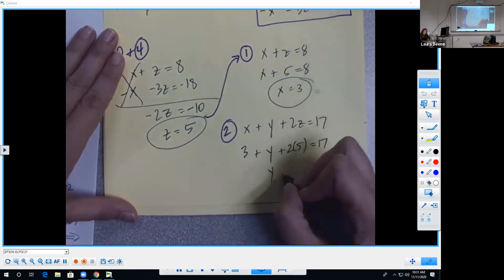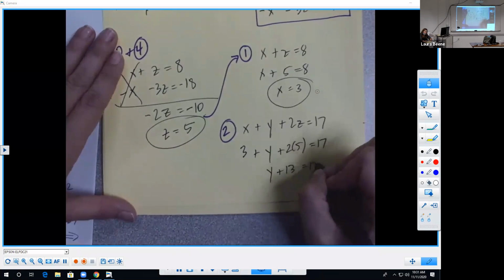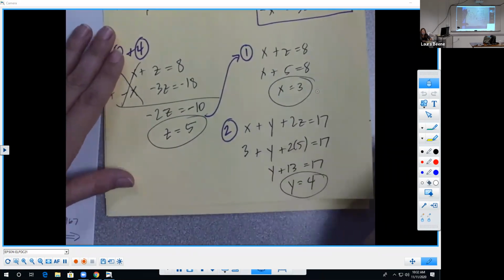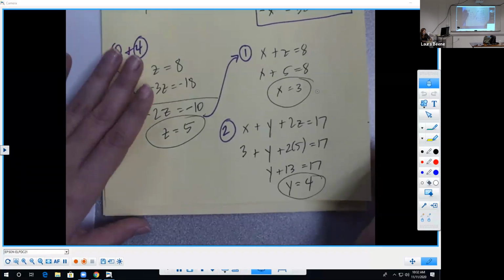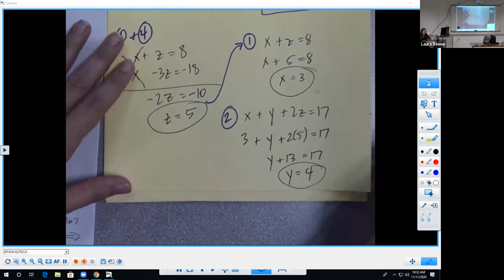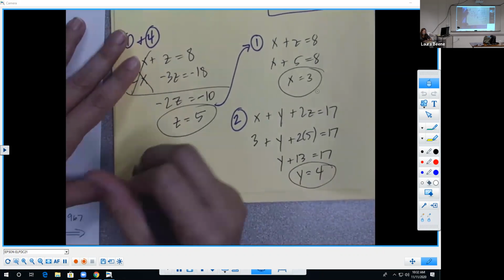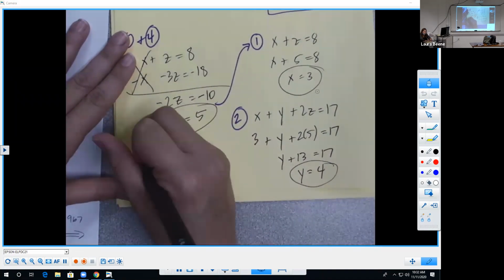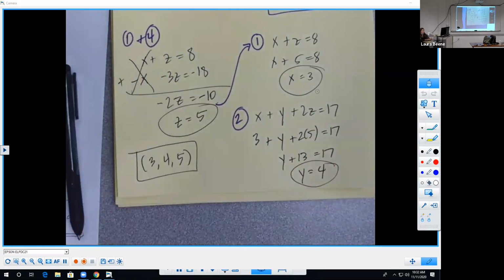So 2 times 5 is 10 and 10 plus 3 is 13. When I subtract 13, I get 4 as my answer. So your answer is x comma y comma z, so 3 comma 4 comma 5.